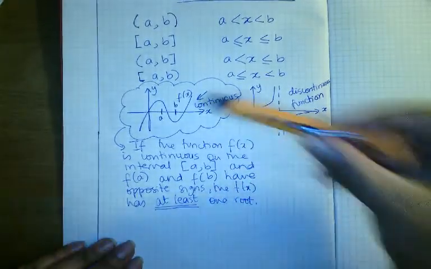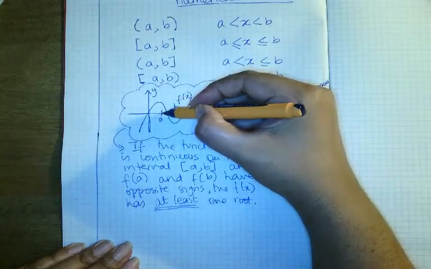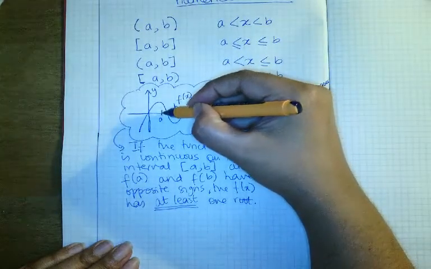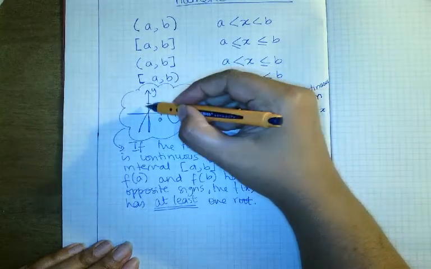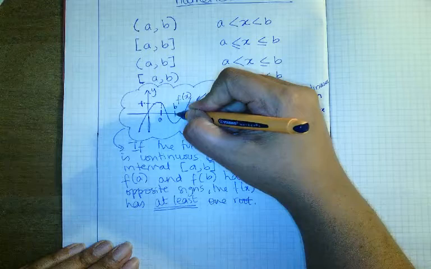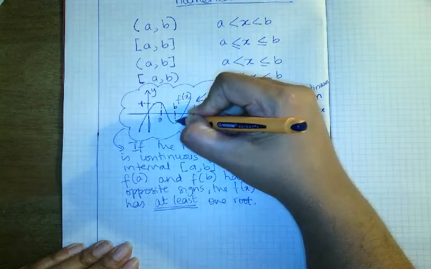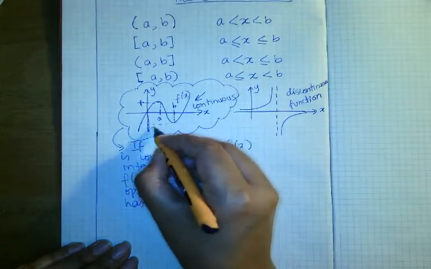Now here, if I was to input x equals a into my function, I would get a positive y value. If I was to input x equals b into my function, I would get a negative y value.